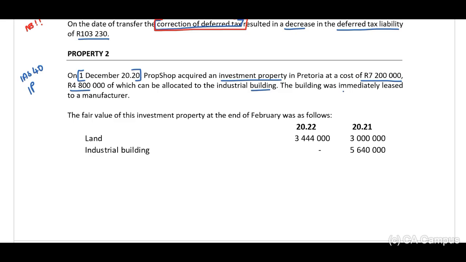The building was immediately leased to a manufacturer. The fair value of this investment property at the end of February was as follows. 2021: land 3 million, building 5.64 million. 2022: land 3.444 million, and they don't provide this in terms of our building.